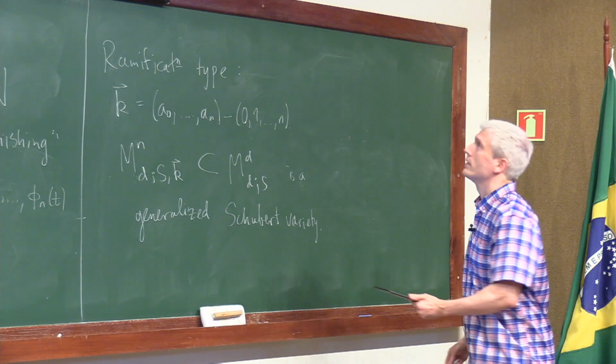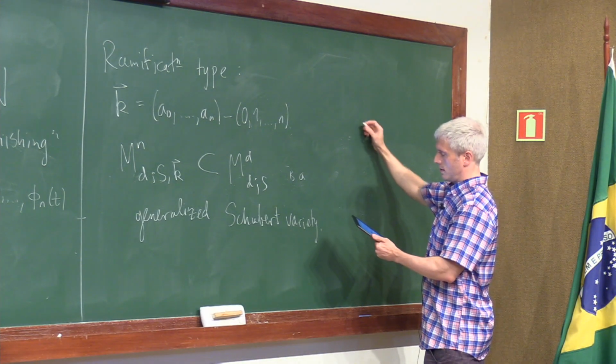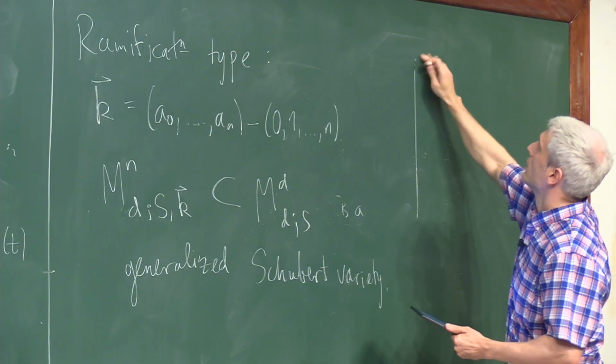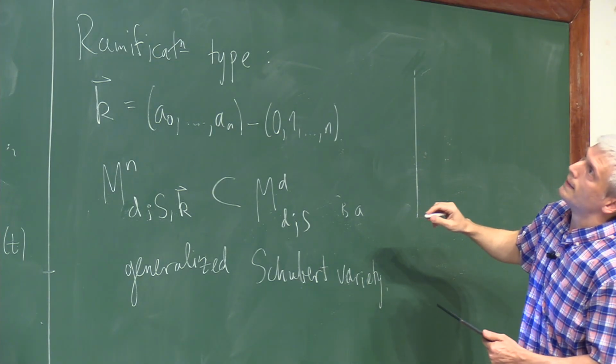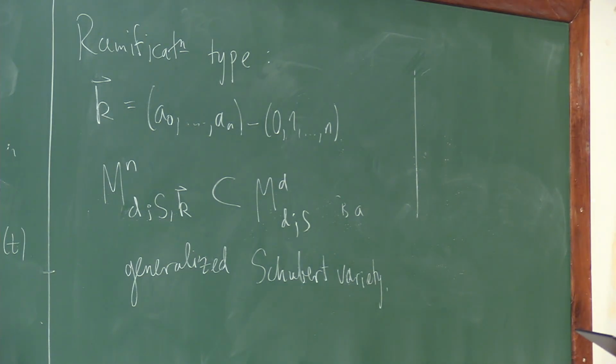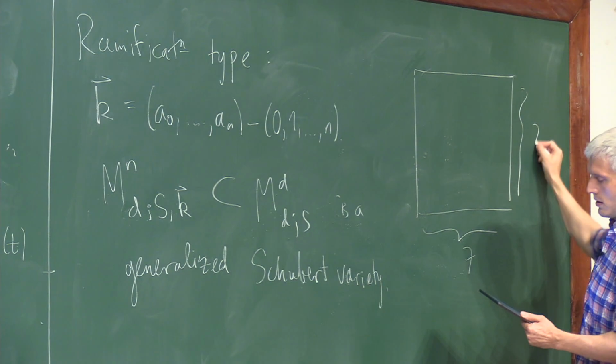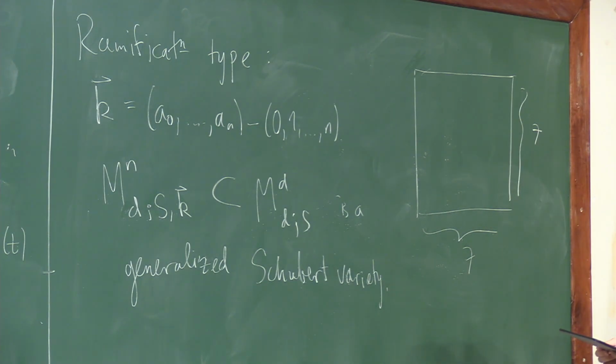So g here is 7, so I have a 7 by 7 lattice square.